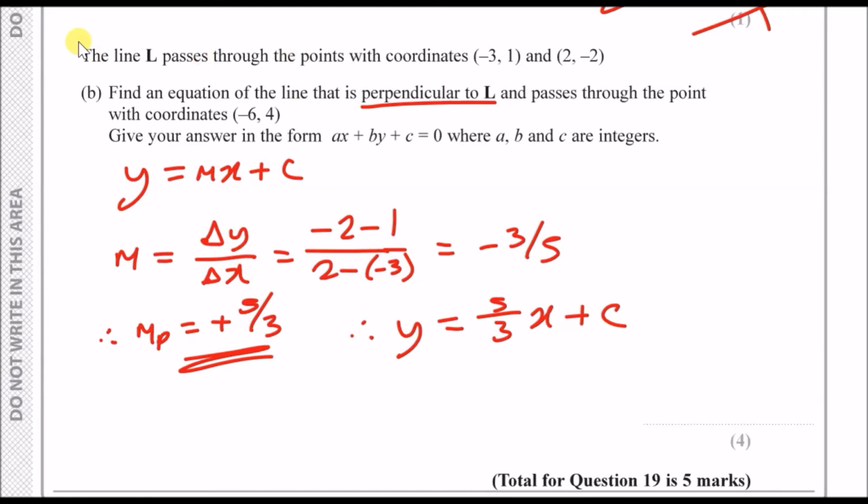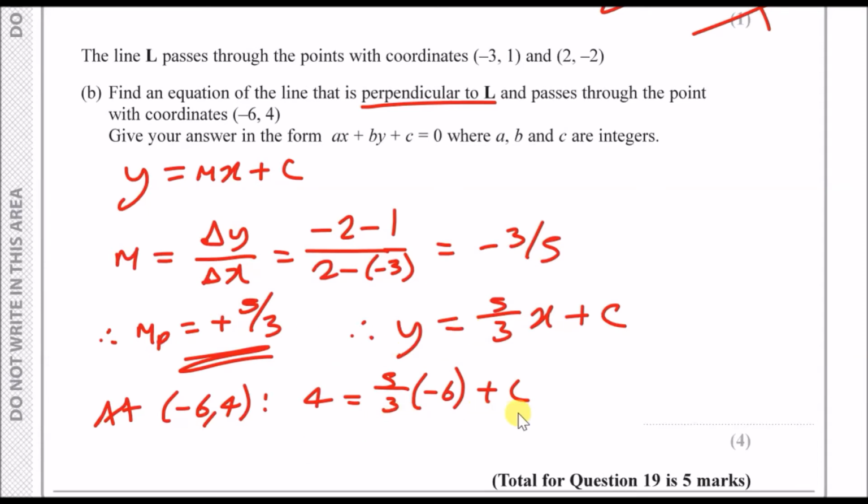Now it also tells us that this particular line passes through this point, -6 and 4. So let's go ahead and pop this in. Let's replace the x value of -6 and the y value of 4. So at -6, 4, we're now going to get 4 equals 5/3 times -6 plus c. So literally you just got to solve for c.